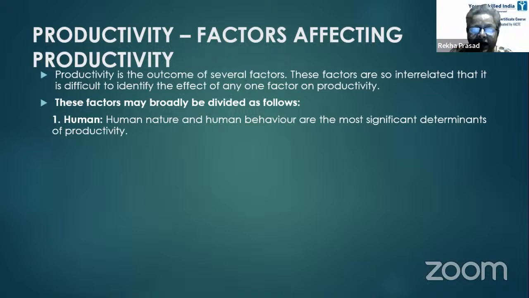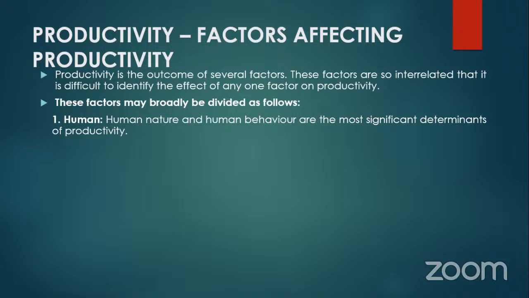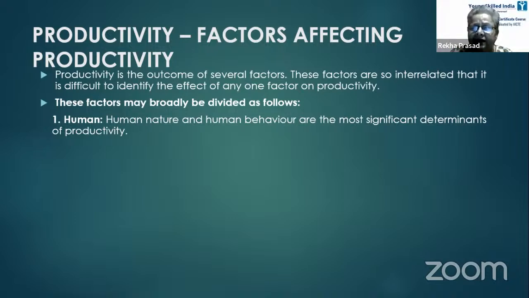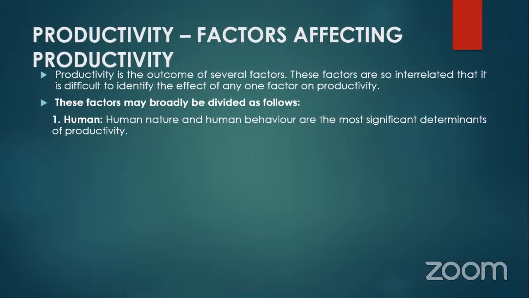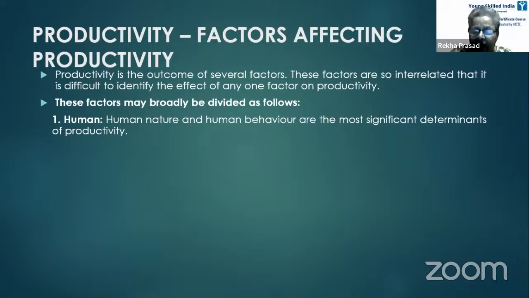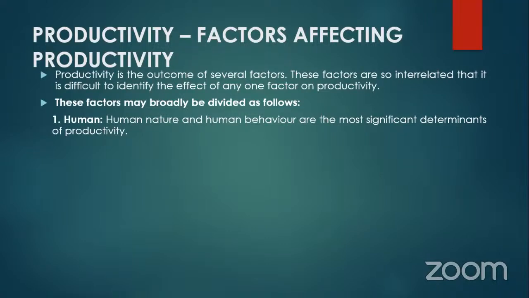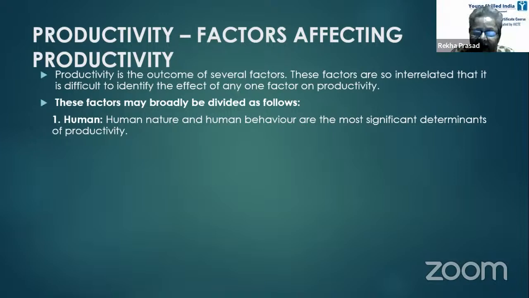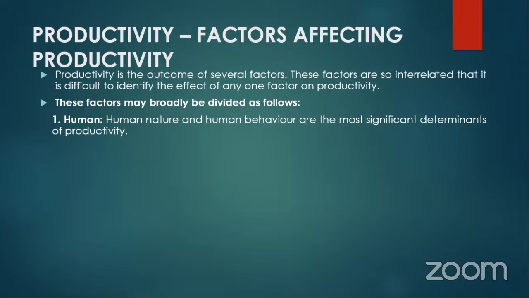The human nature and human behavior are the most significant determinants of productivity. I think both of you agree with it. It is the human being who are handling the other inputs. So if the human being is the best, see, during the Second World War, Allied forces had fewer resources than the other force, the combined force of Germany, Russia, and all that.